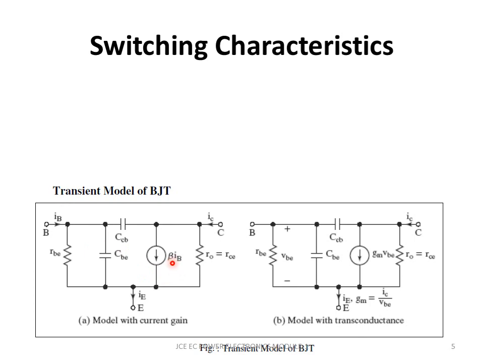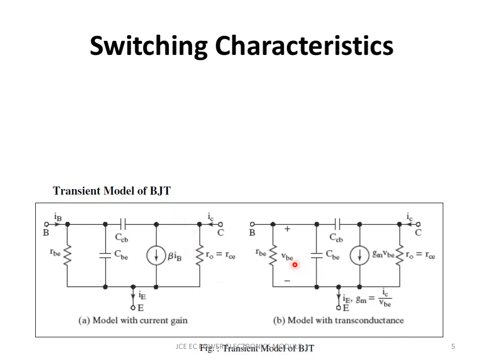Here I have beta IB, which is represented as the current gain. Instead of that, if I represent it in the transconductance model, I will have the base, and we also represent RBE, the base emitter resistance, the base emitter capacitance, similarly the collector base capacitance and the collector emitter resistance.